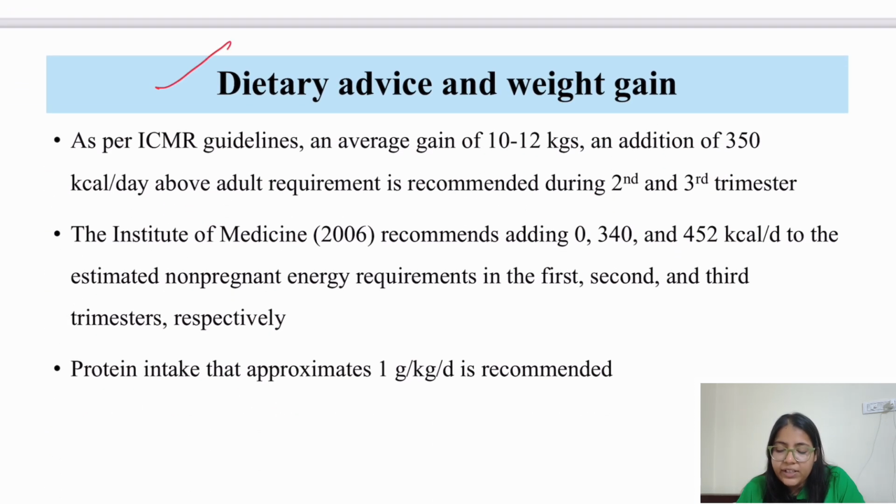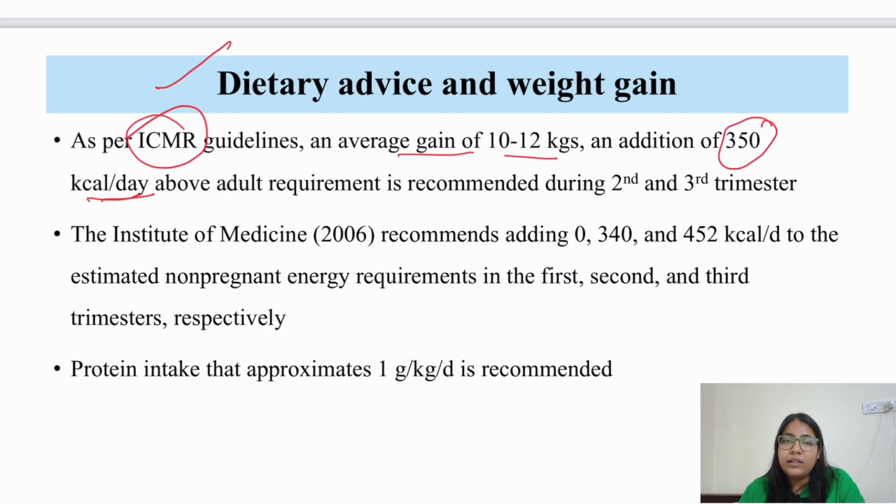Now dietary advice, what will you tell the patient, how to take her diet, how much to increase and how much weight gain is expected. So as per ICMR guidelines, average weight gain of 10 to 12 kg is enough for a normal ANC patient, and additional calorie of 350 kcal per day.